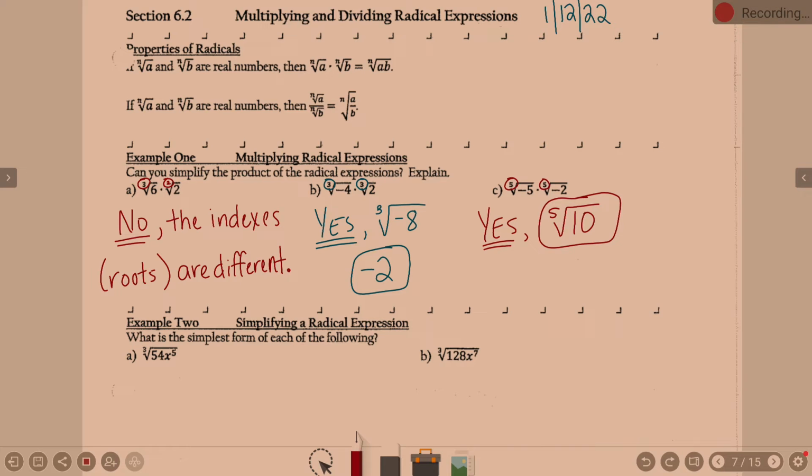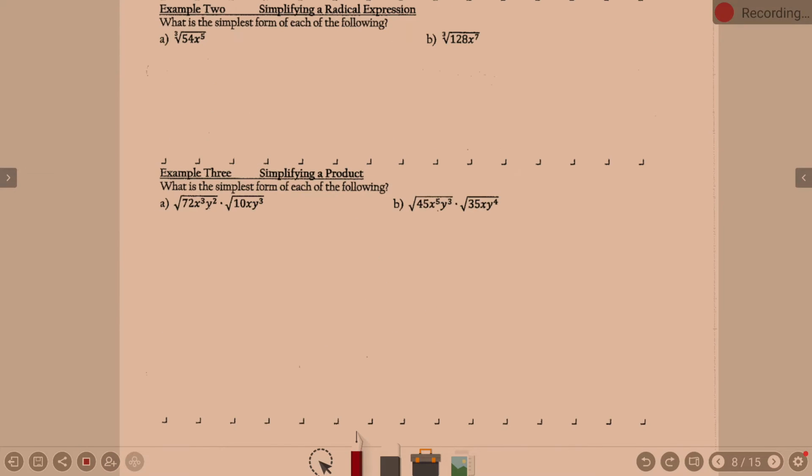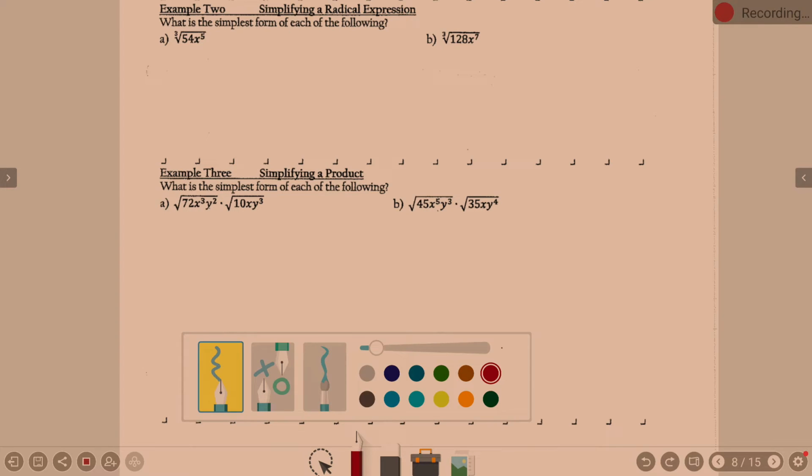Okay, now, as we go into example 2, I'm changing some of our powers today. So, first of all, on A, we're going to do a square root here. So do me a favor, and pretend that little 3 isn't there.